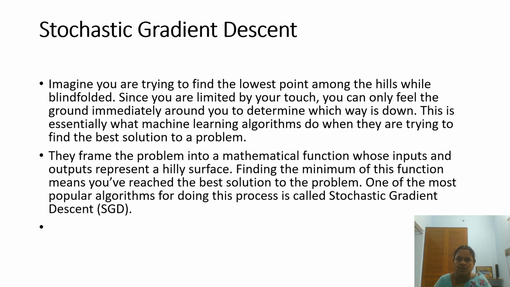This is essentially what machine learning algorithms do when they are trying to find the best solution to a problem. So one of the most popular algorithms for doing this process is called stochastic gradient descent, that is SGD, which finds the minimum of this function. It means that you have reached the best solution to the problem.